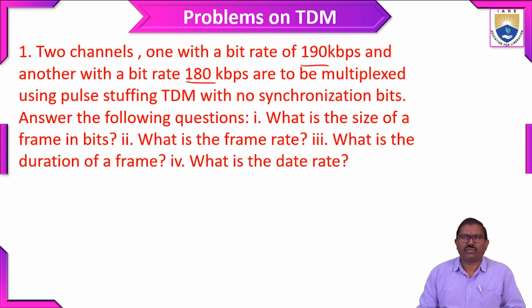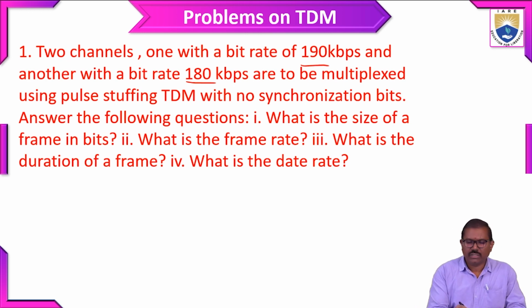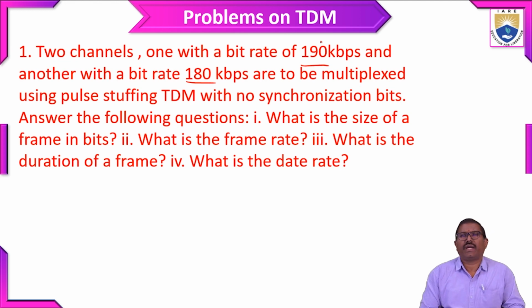So we are going to solve this problem. We are going to add extra bits to the second source. Why? The second source is 180 kbps, so to make both 190 kbps, we add extra bits to the second source.